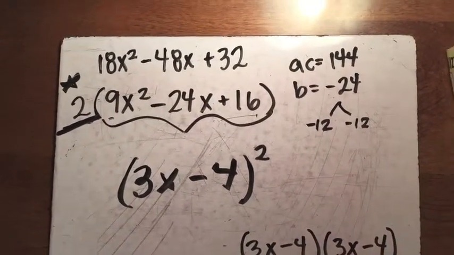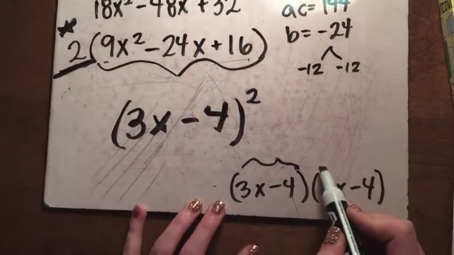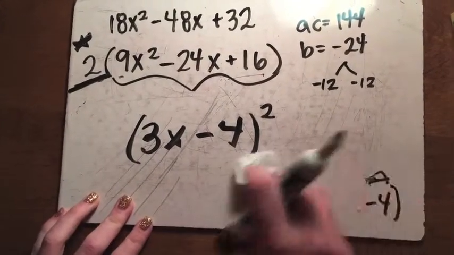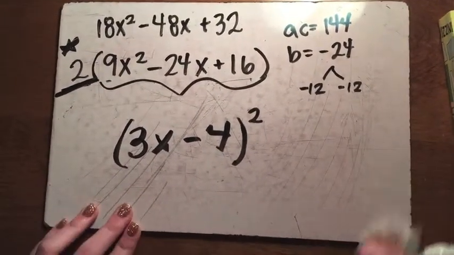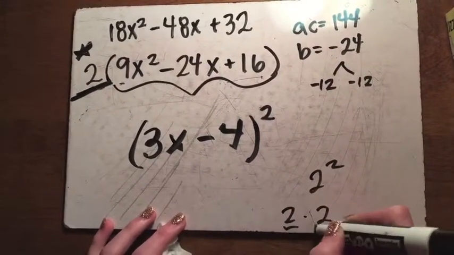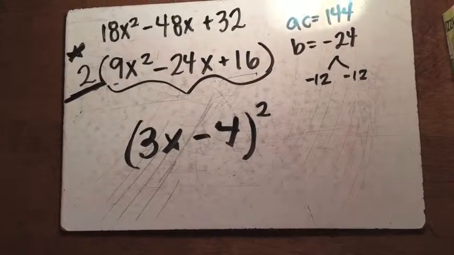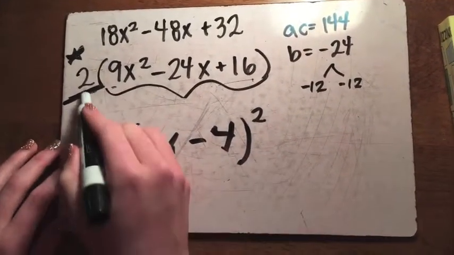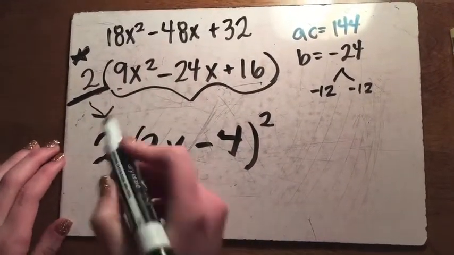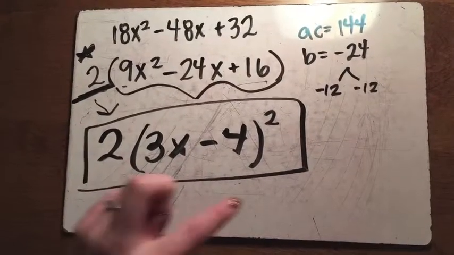And don't let the x's fool you, it's just one component times itself. So it's still squaring it, it's just a bigger component than the normal numbers we're used to seeing. For instance, 2 squared is still 2 times 2. It's a component, you can still write an exponent onto it. It's fine. And then we have to remember to put the GCF on the outside. So your final answer is 2 times 3x minus 4 squared.